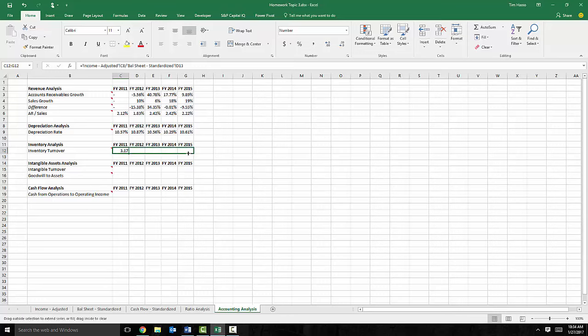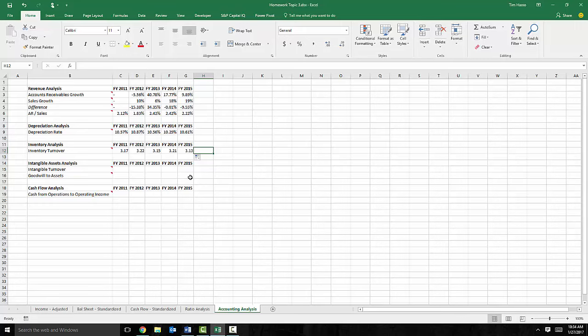Drag it to the right and you can see the progression. Here we don't see anything majorly wrong. Usually, when we have a low inventory turnover, especially of finished goods, it might imply that the inventories include relatively old products that might need to be written down. In this case, we don't see anything odd.